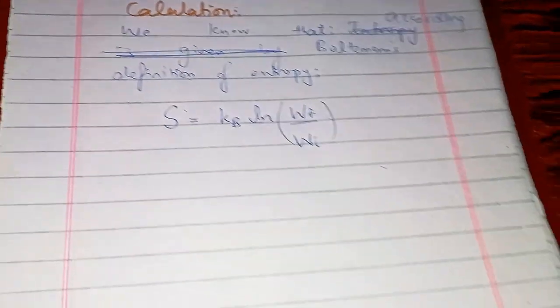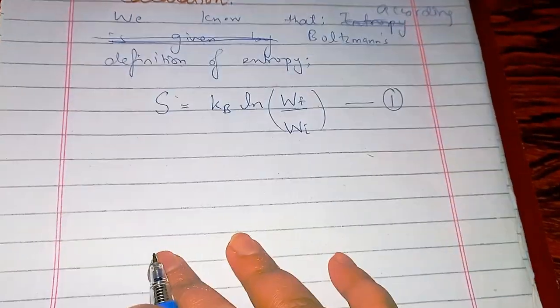That's the Boltzmann definition, and let us call it equation number 1.